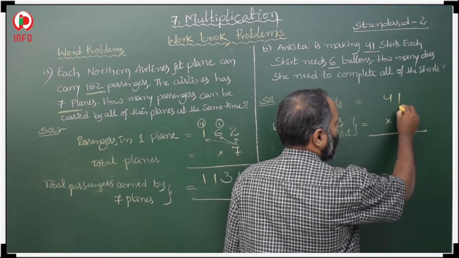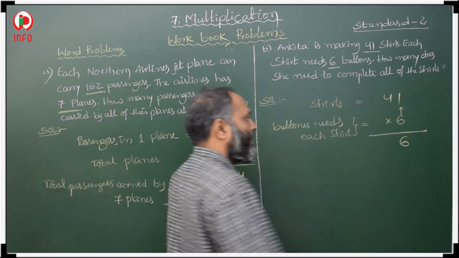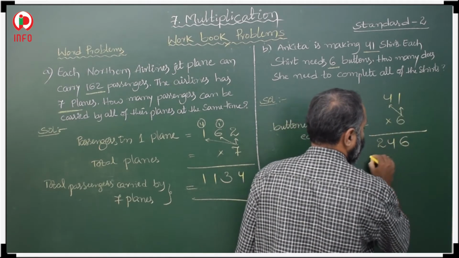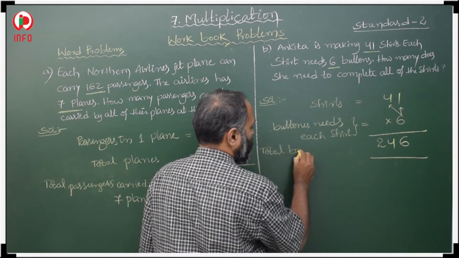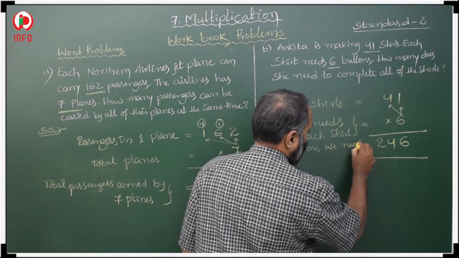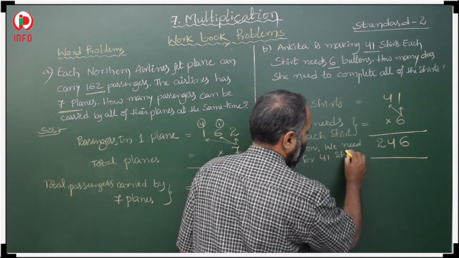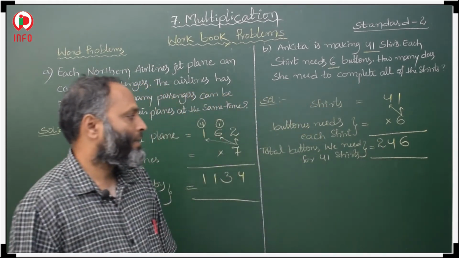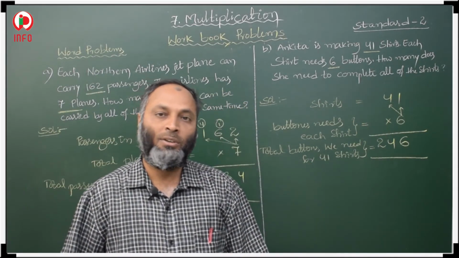First we multiply 6 with 1. 6 ones are 6, a single digit, so we write it as it is. Then 6 fours are 24. Total buttons we need for 41 shirts: 246 buttons.